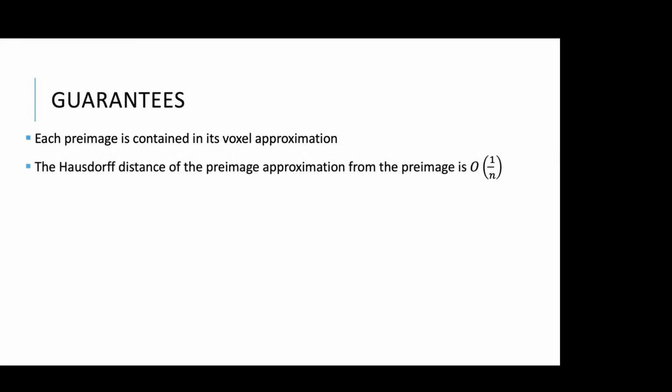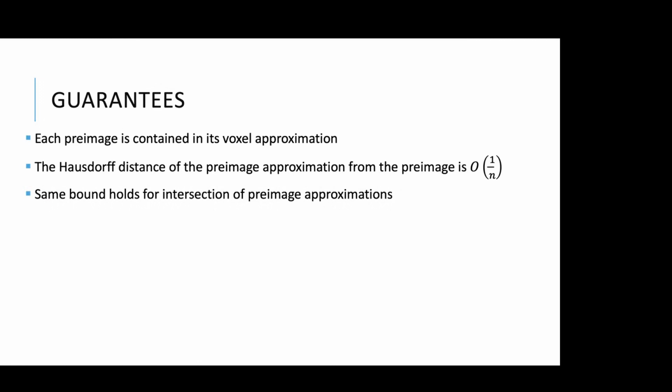So we actually have that the Hausdorff distance of the preimage and the boundary of the approximation is 1 over n times some factor. So the higher the grid resolution, and let's recall that n is the number of subdivisions we do in each dimension, if we subdivide enough, we take a fine enough grid, then the distance of our approximation from the actual preimage is lowered, and we converge to the true result.